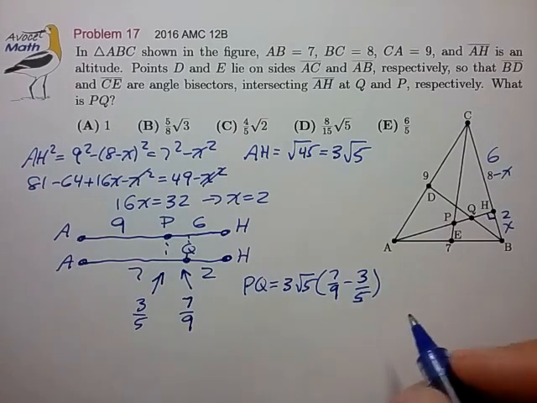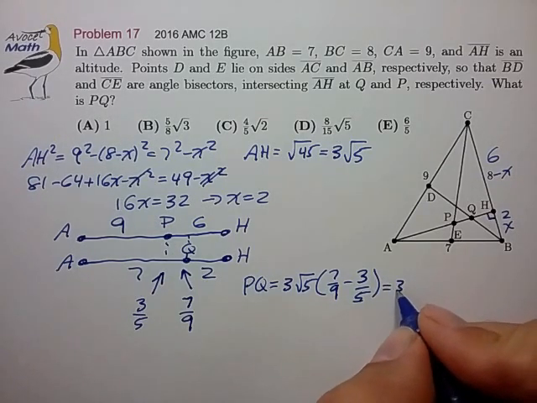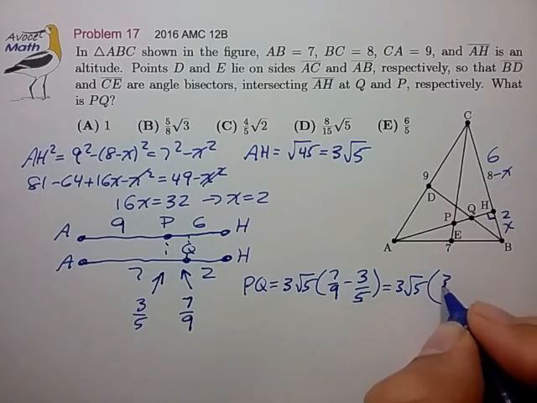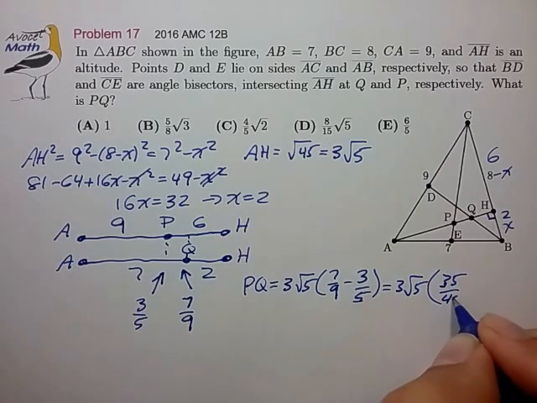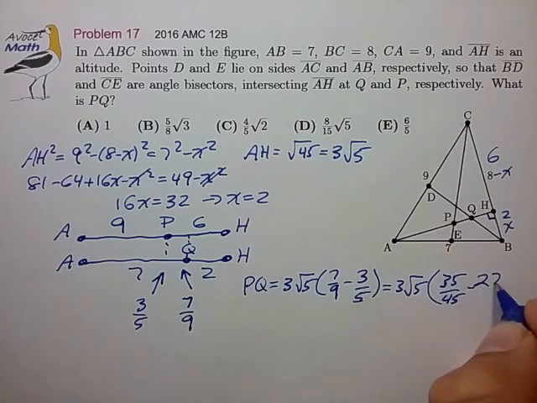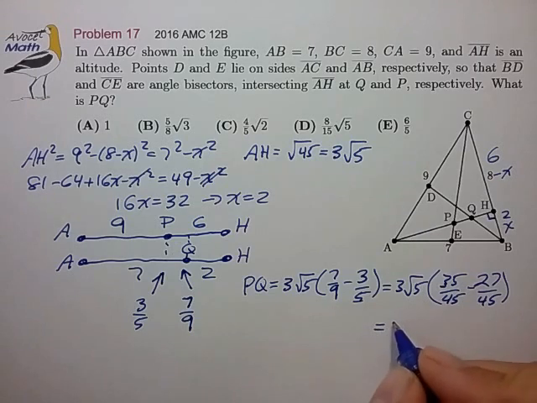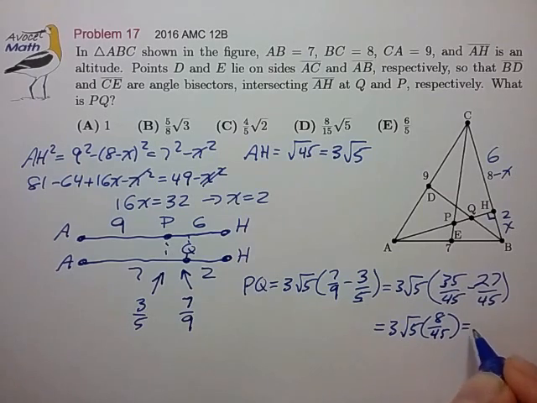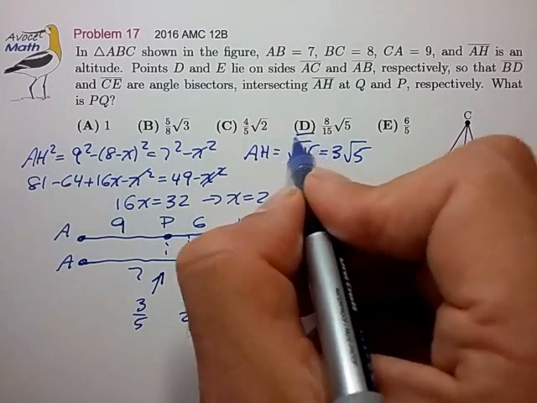That's kind of a complicated fraction. That is 35 over 45 minus 27 over 45. That's 3 root 5 times 8 over 45, or root 5 times 8 over 15. Okay, that looks about right, and that's choice D.